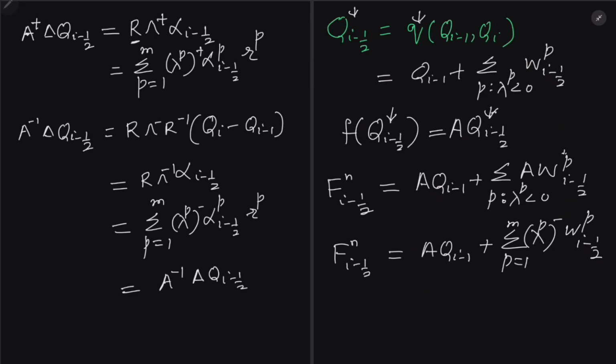Okay. Similarly, if we want to see that the information on this q_{i-1/2} is coming from the right hand side, we can write q arrow at i minus 1/2, which shows that in Godunov's method the information is coming from q_i. In that case, it will be added to q_{i-1}, but for lambda p greater than 0, it should be subtracted: the sum over p with lambda p greater than 0 of W^p_{i-1/2}.